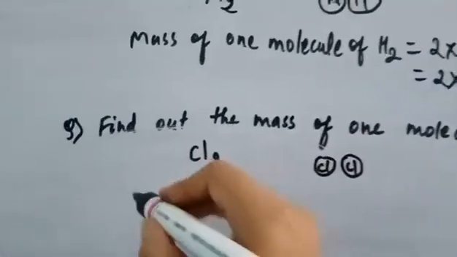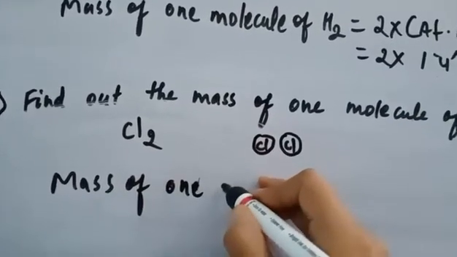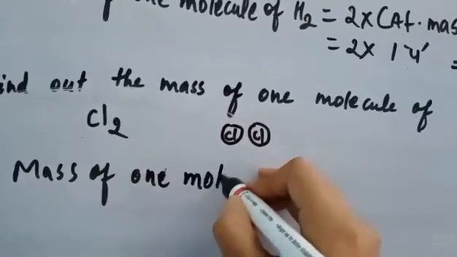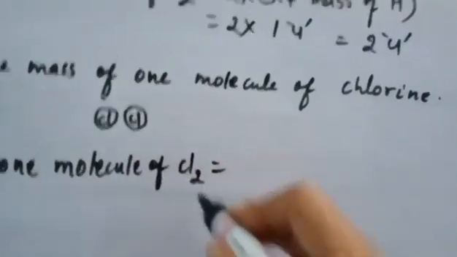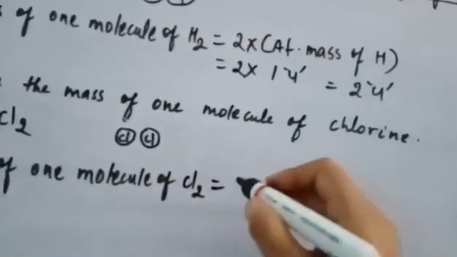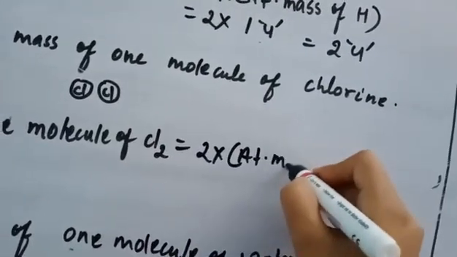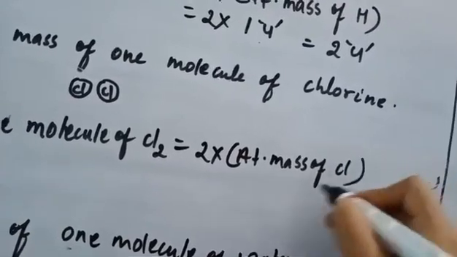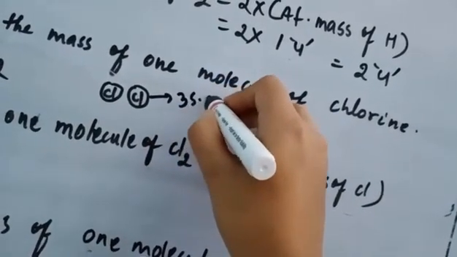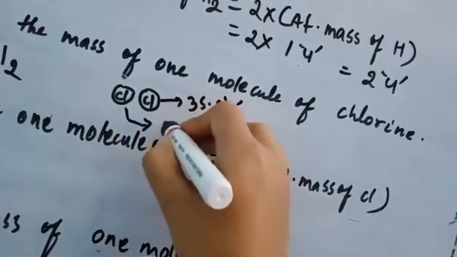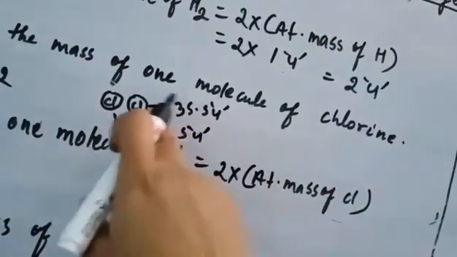So you can calculate like that only. The mass of one molecule of chlorine is equal to 2 into the atomic mass of chlorine, since there are 2 atoms of chlorine in one molecule. The atomic mass of chlorine is 35.5u, meaning the mass of one atom of chlorine.